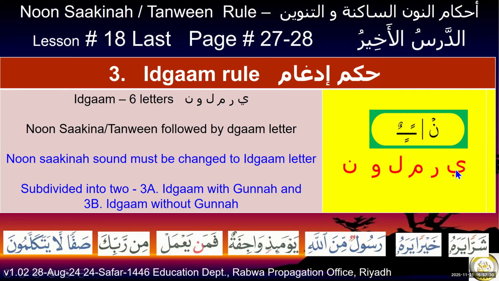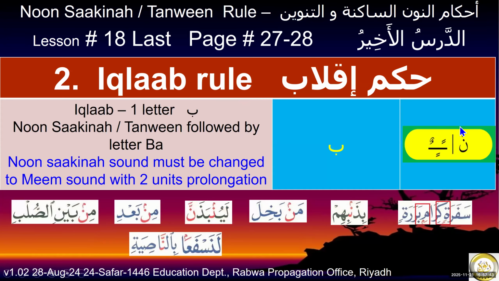In this idgham, what we have to do is change the noon sound of the tanween or noon sakina to the idgham letter. Earlier, the noon sound of the tanween or noon sakina was changed to the meem sound. Only one option, there is no other option.